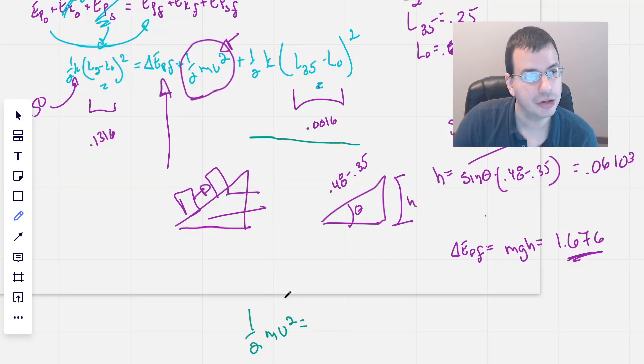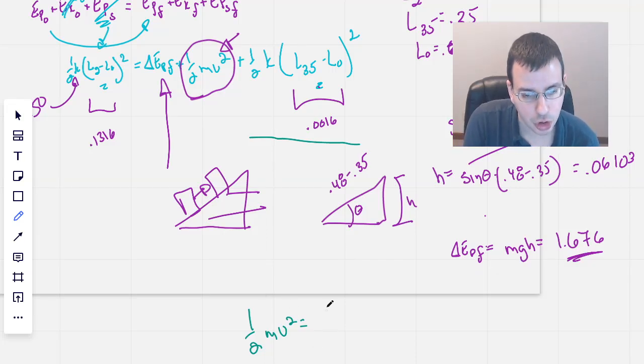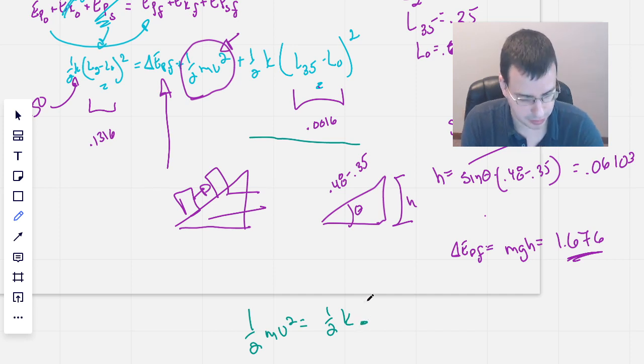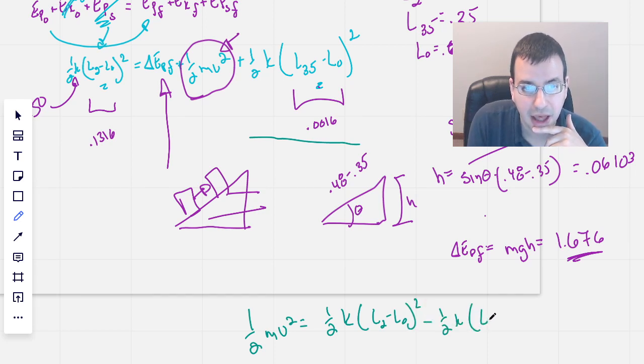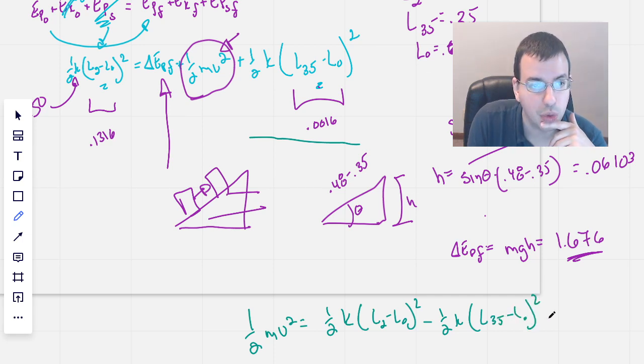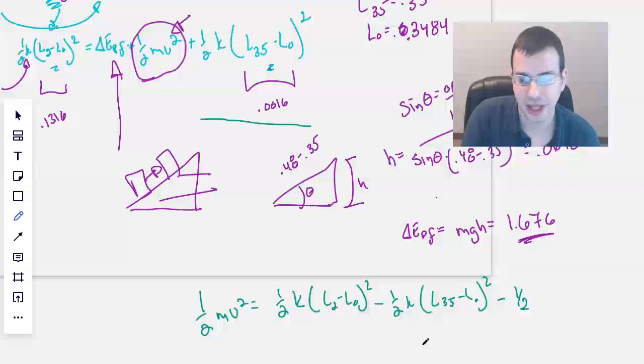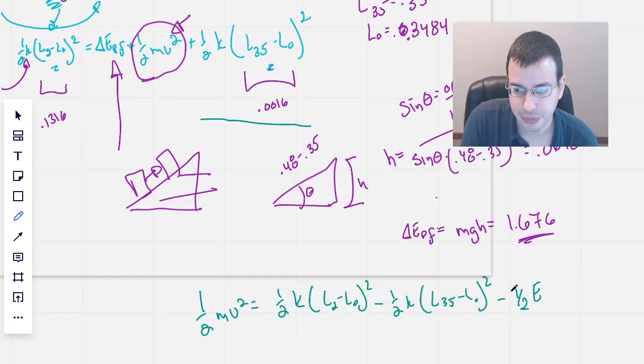Okay, so we're going to have 1/2 k, L2 minus L0 squared, minus 1/2 k, L35 minus L0 squared, minus the change in potential energy.